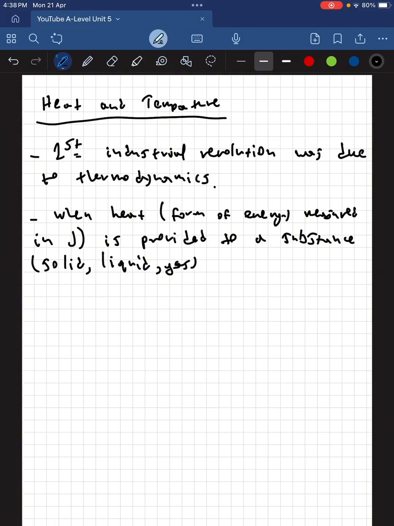These are the three most popular phases of matter that we will deal with in this chapter, okay? So when we provide heat to a substance, its temperature, measured in degrees Celsius or kelvins, rises.